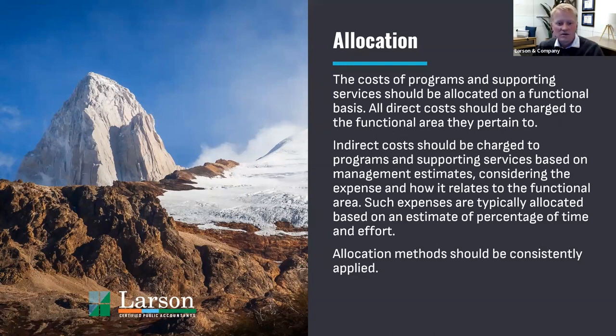They are typically allocated based on an estimate of percentage of time and effort, or depending on the expense, it could be allocated based on square footage of the office space used, like what percent of the square footage is used towards that program versus general and administrative. The allocation methods should be consistently applied year over year.